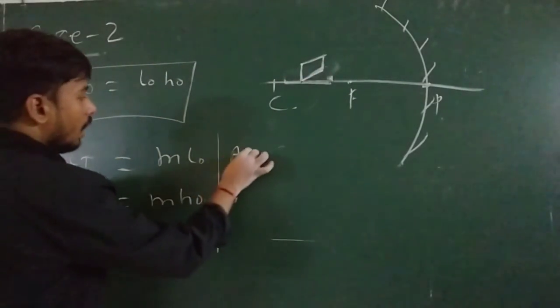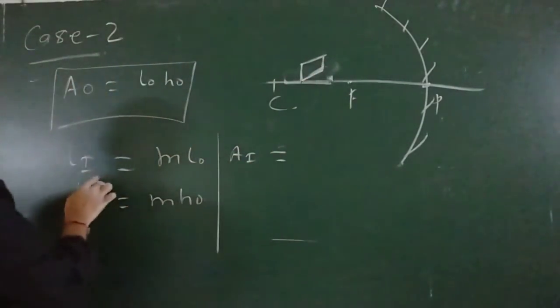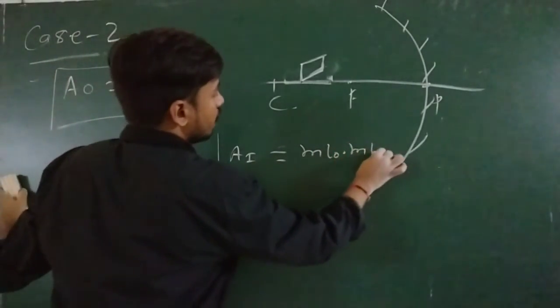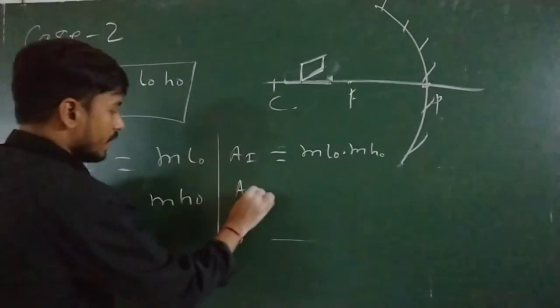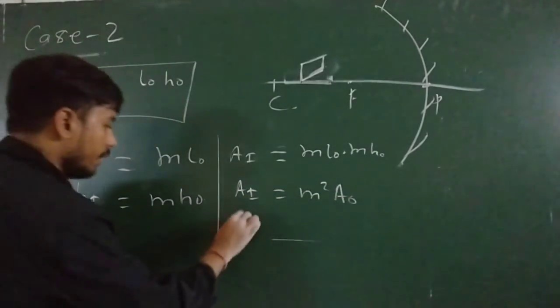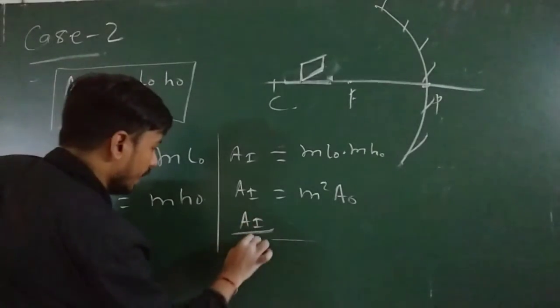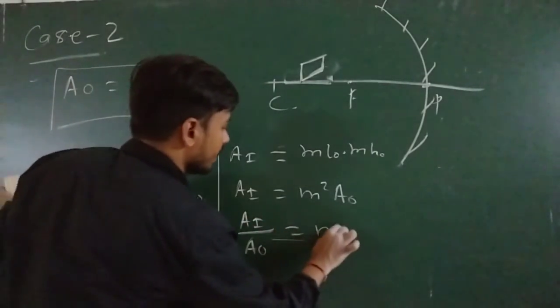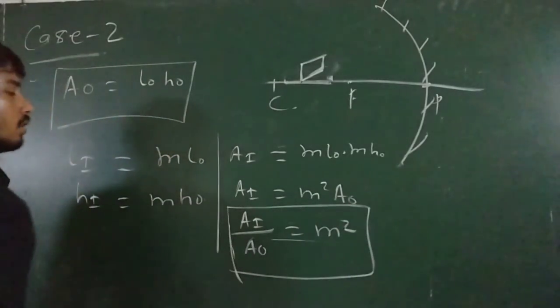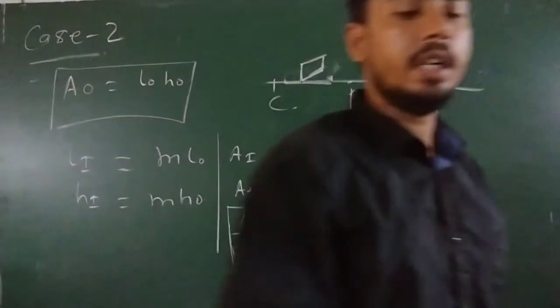So finally area of image becomes m L naught into m h naught. So area of image becomes m square times area of object, or area of image divided by area of object becomes m square. So this is the second case of superficial magnification.